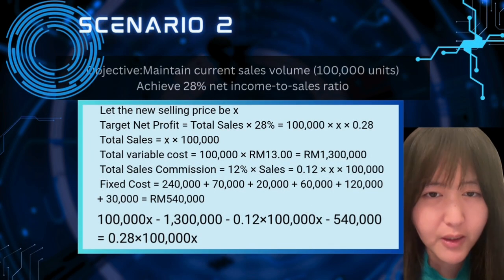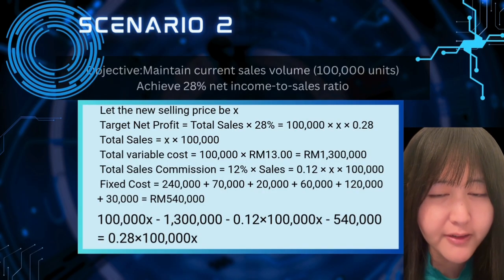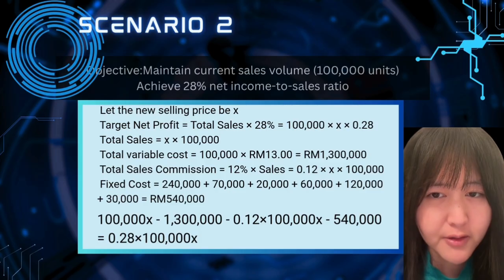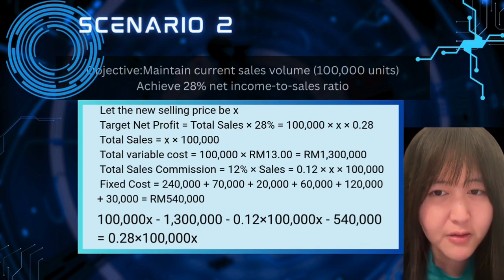In this case, the company wants to keep sales at 100,000 units, but the goal is to get a 28% net income to sales ratio. Costs are higher now. The variable cost per unit has increased to 13. Commission is 12% and fixed costs are 540,000. We use this formula: net income equals sales minus variable cost minus commission minus fixed cost.